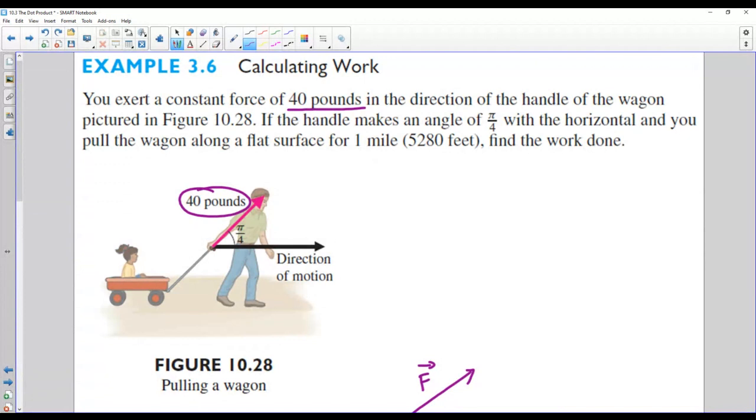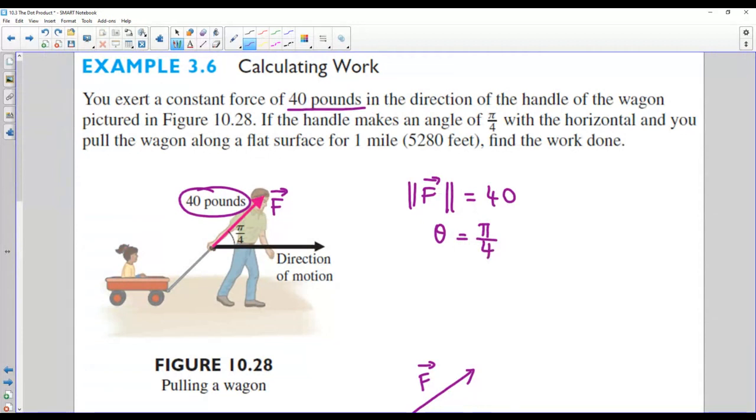So that means if I call this force F, the magnitude of F is 40. And the angle theta is pi over 4.